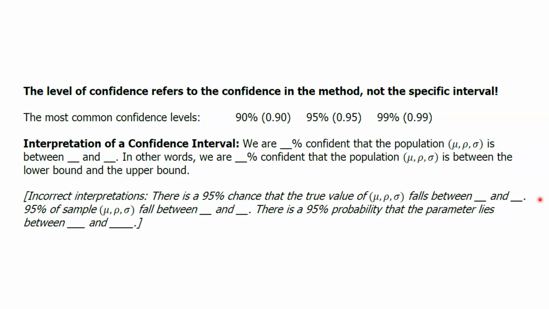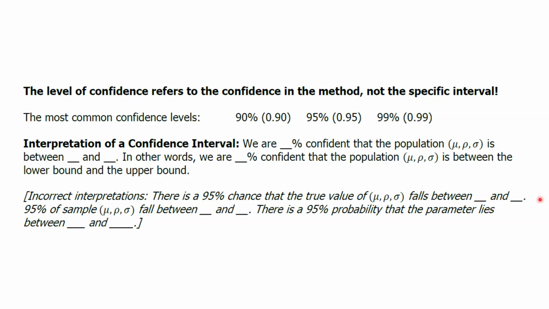Okay. An incorrect interpretation would be that there is a 95% chance that the true value of the parameter falls between two numbers, because the parameter is fixed. So it either is or isn't in the interval. So there's no probability involved.